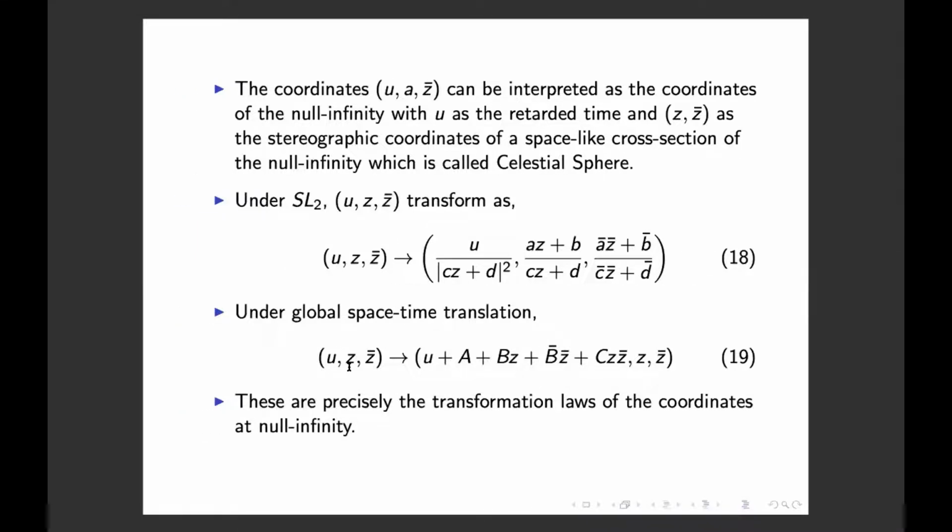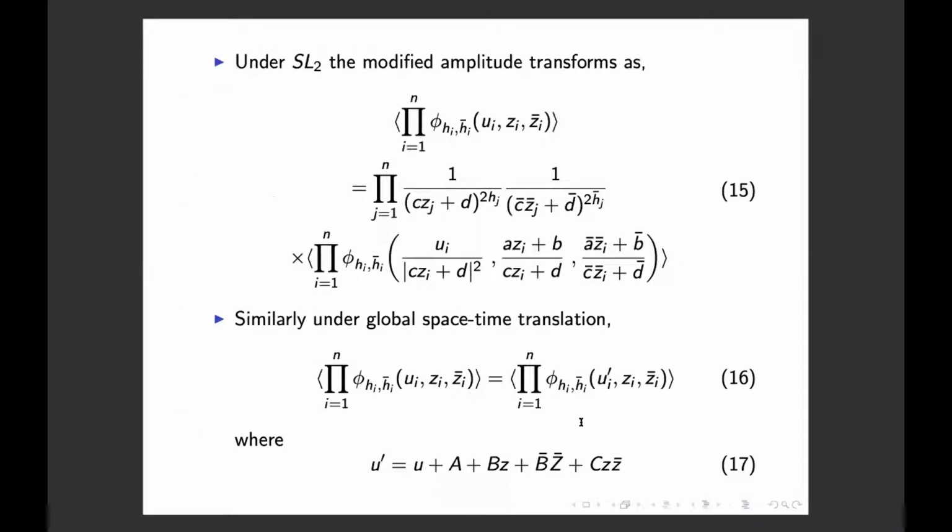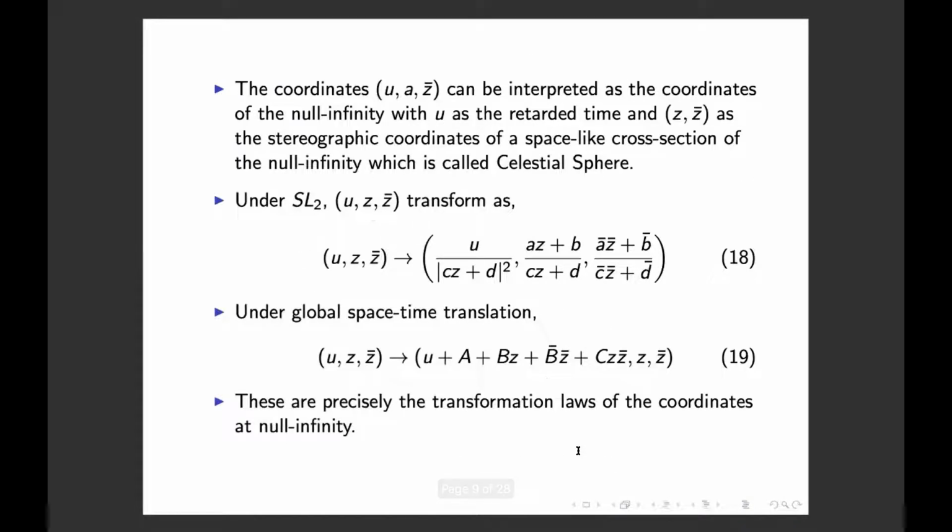This transformation of u comes from the fact that the correlation functions of these phi's don't change if I make the replacement u going to u prime, which is a plus bz plus b bar z bar plus c z z bar. So these are the four global space-time translations.